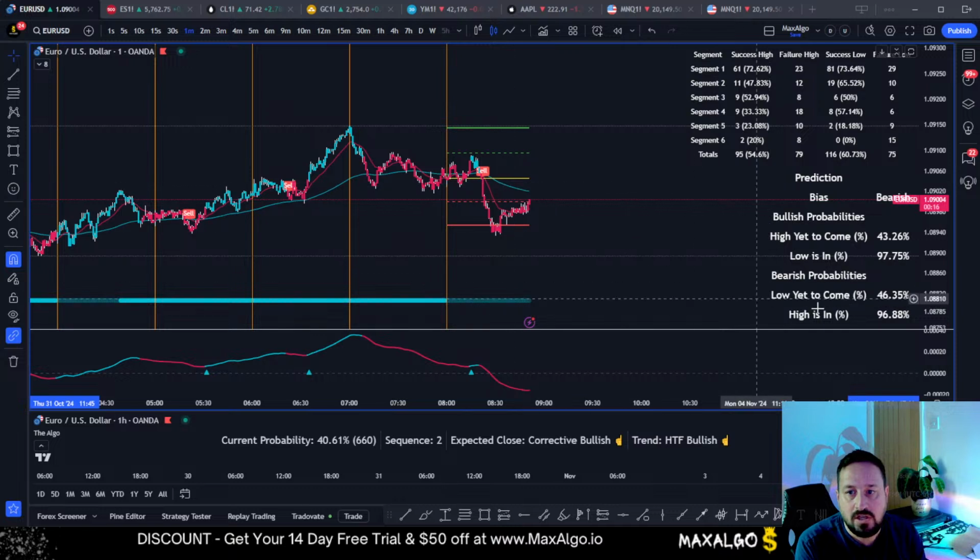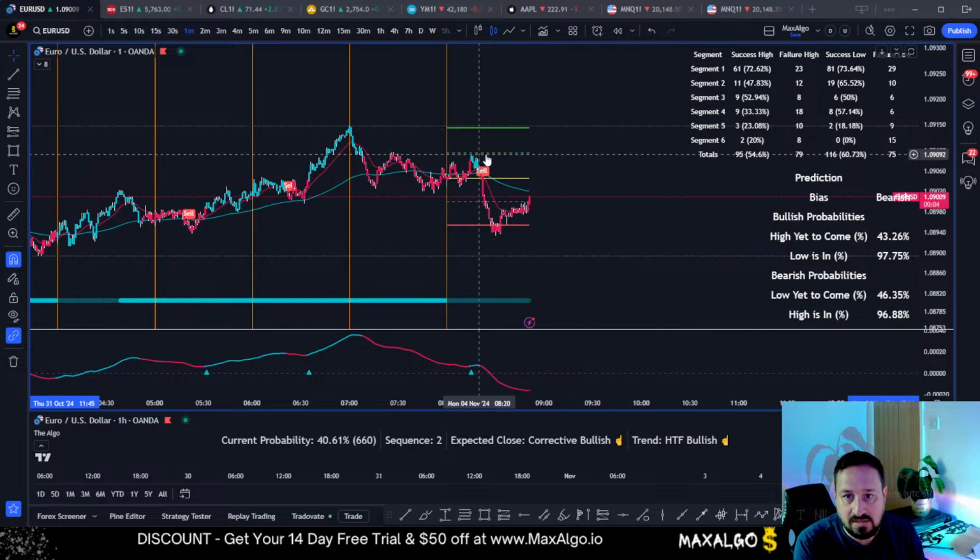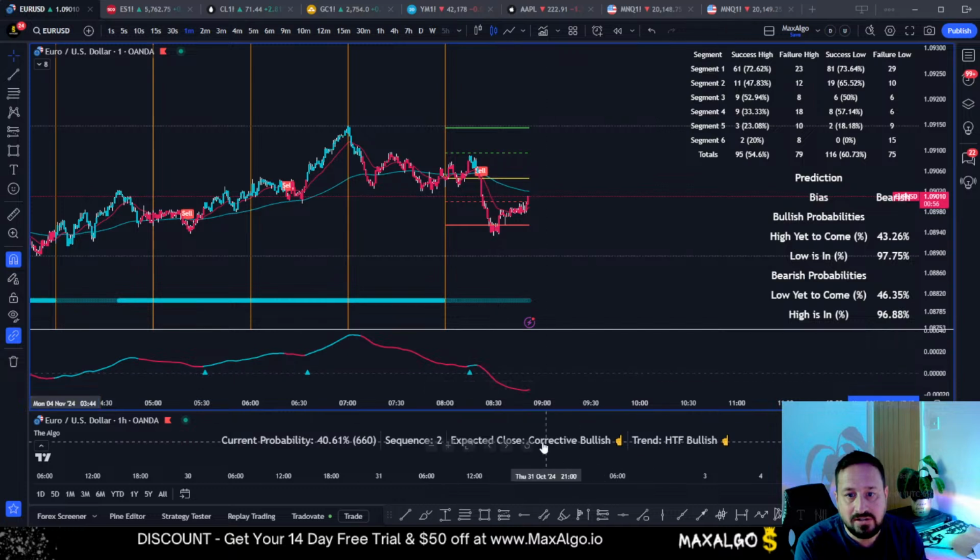So it's showing you if we are bearish, there's a 96% probability that by this time in the hour, all highs had been put in for bearish, right? Our sell signal gives us that early indication that we are bearish, right? We are corrective bullish, so there's a higher probability of this hour being bearish with the algo as well.